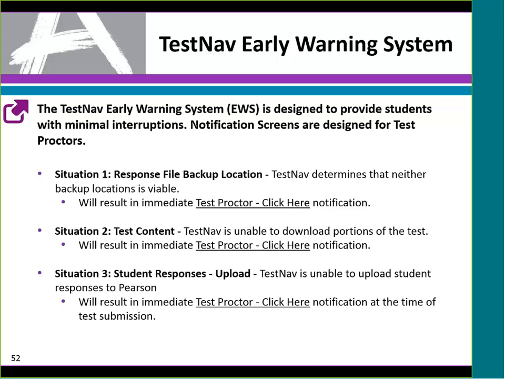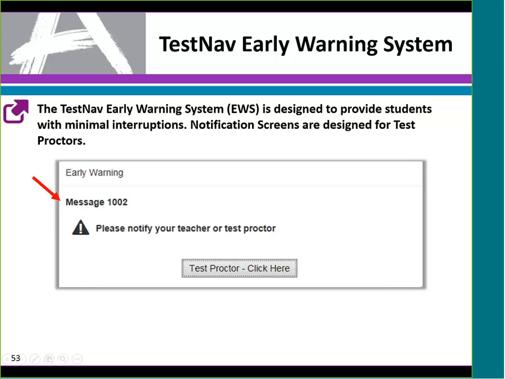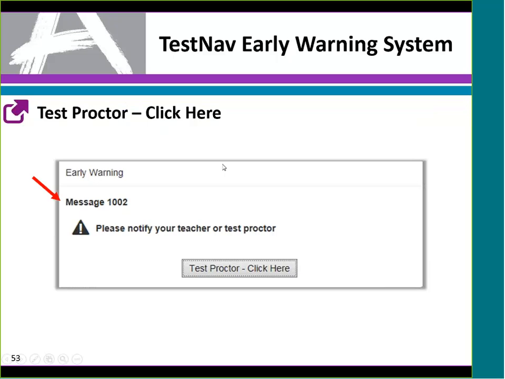So why don't we go through each one of these situations a little bit. The first one here, error message 1002, or a lot of times 1001. It's really just, it's not an error, it's just a message. It says, please notify your teacher or test proctor, and then have them click here.